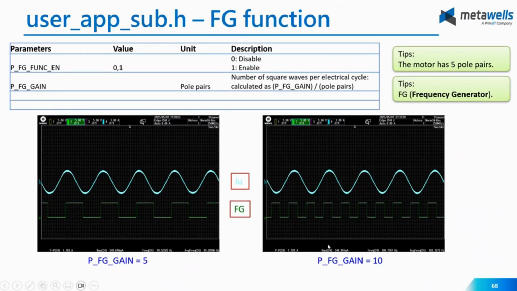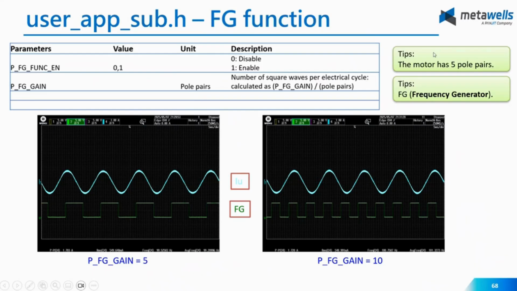F3 function. I just mentioned that F3 function is a tachometer output interface, where you can set how many pulses are generated per electrical cycle. There are two parameters you have to input. First is function enable or disable, and you have to input the pole pairs of the motor.